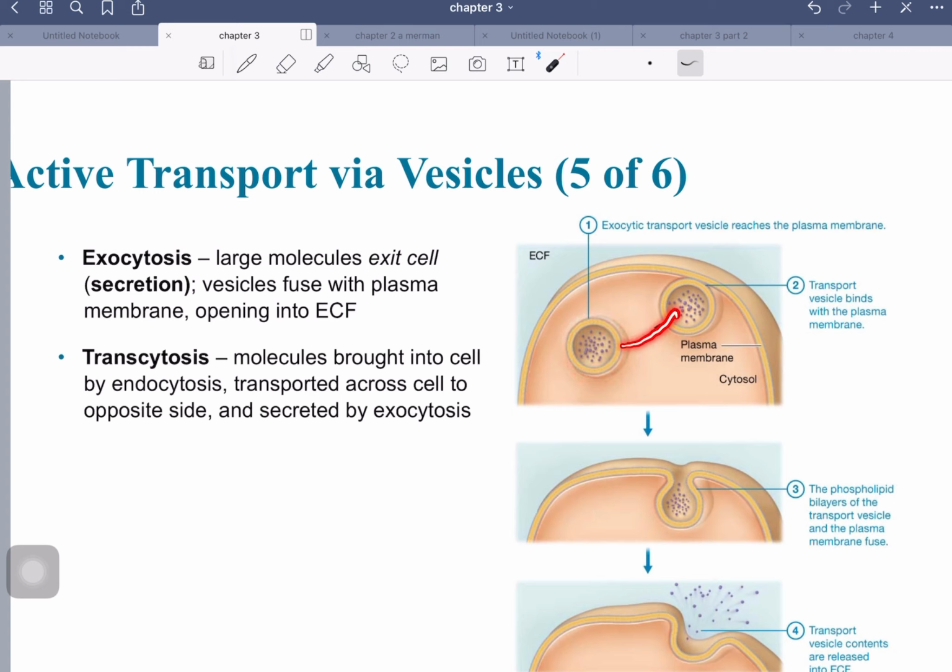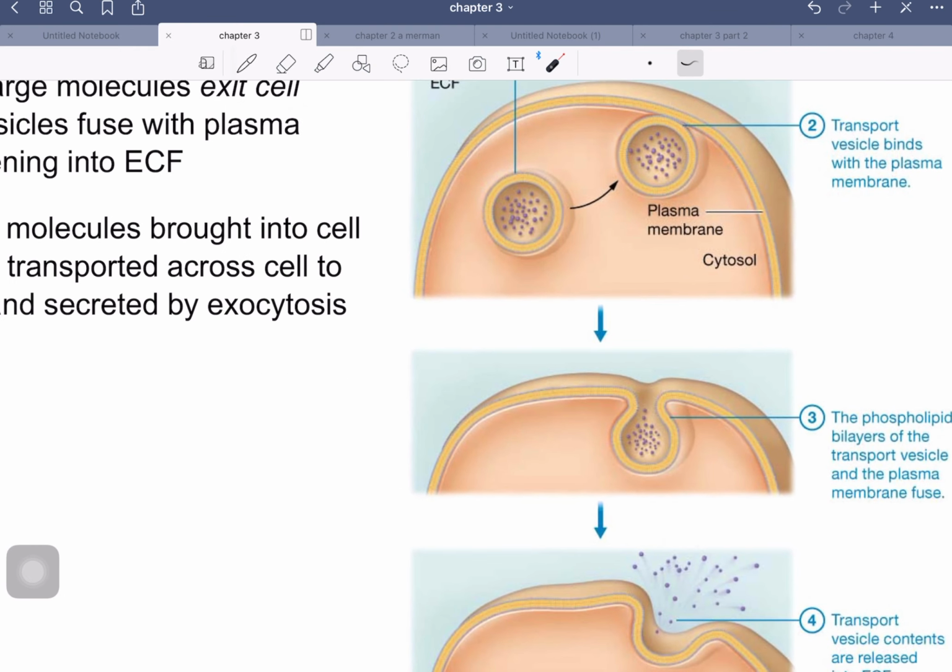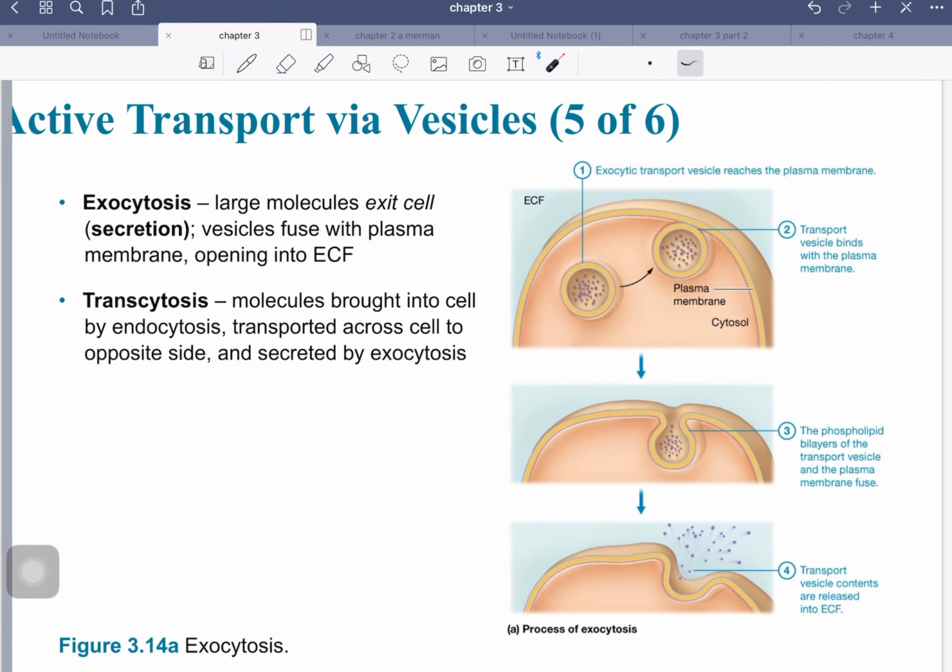It'll move to the plasma membrane, and of course, because it's the same material, it'll fuse with the plasma membrane. It looks very much like the opposite of endocytosis. Exocytosis is when it fuses and then it opens up. And when it opens up, you can see this allows the material to be discharged into the extracellular fluid.